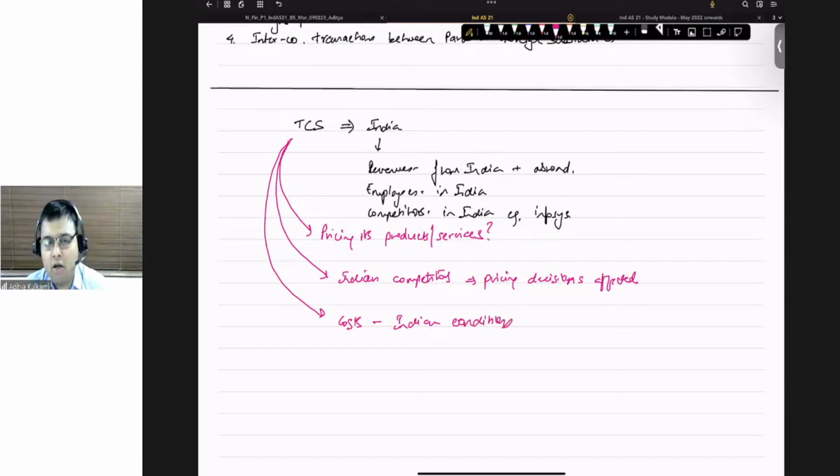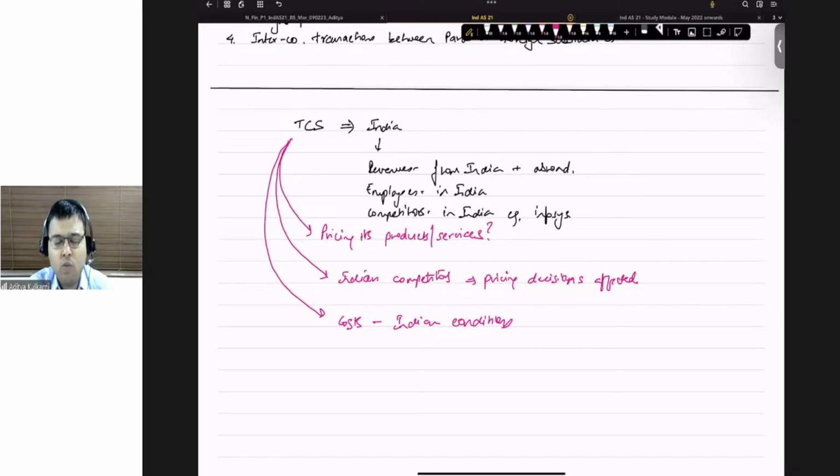So when I look at all this, the most suitable conditions that are impacting the price, the costs, and the operations of TCS are entirely within India.